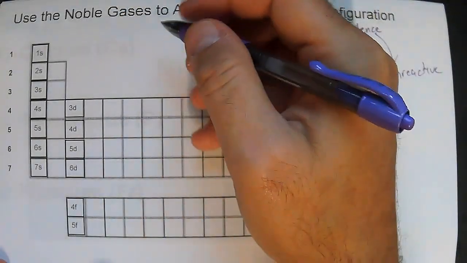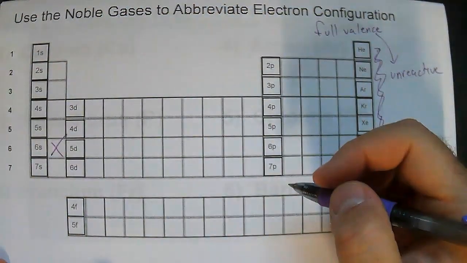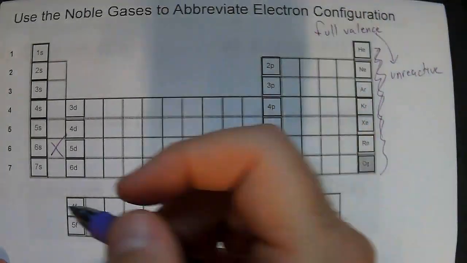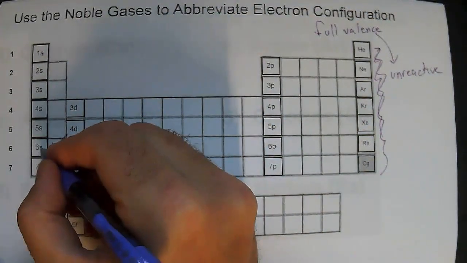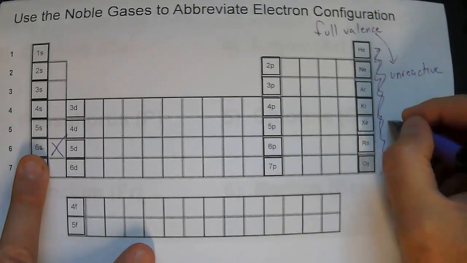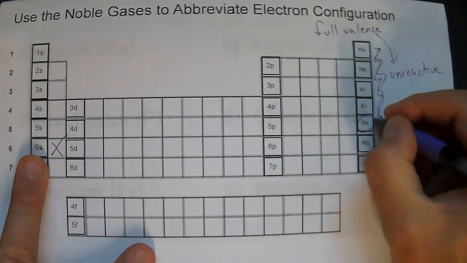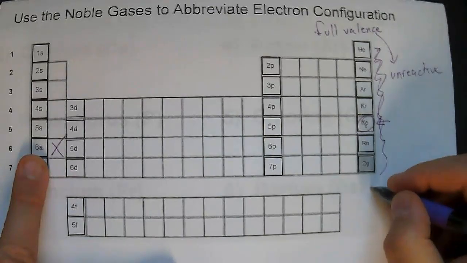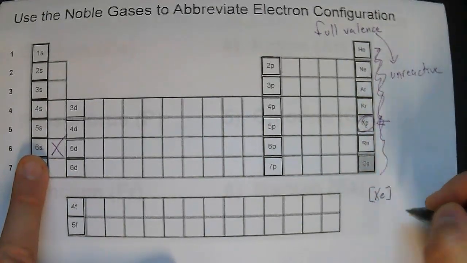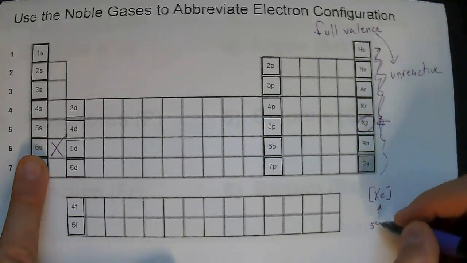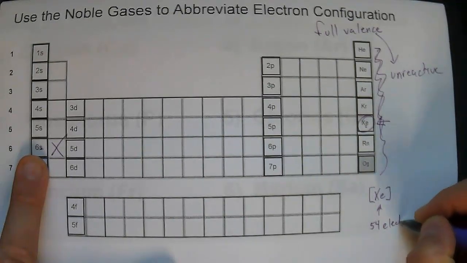Let's say we had this element here that we're trying to find. It doesn't matter which element that is, but what we're going to do is go backwards to xenon, and we would start with xenon, and that would represent 54 electrons.